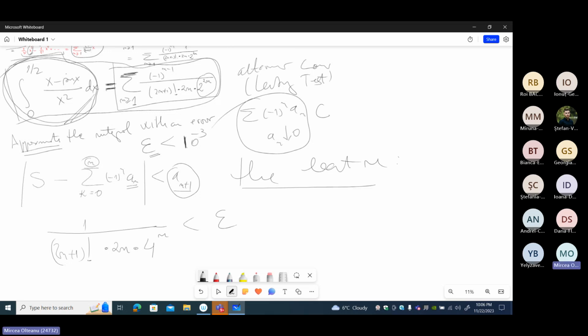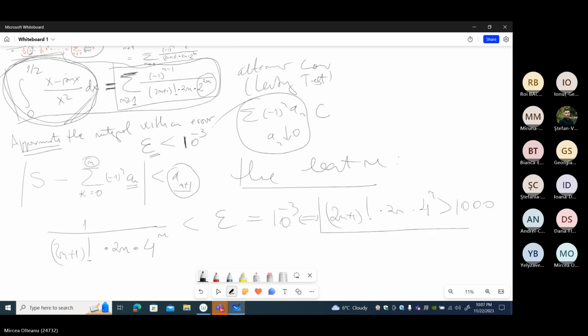The least n will be the first neglected rank. In our case it's 10^-3. That is equivalent with (2n+1)! times 2n times 4^n greater than 1000.